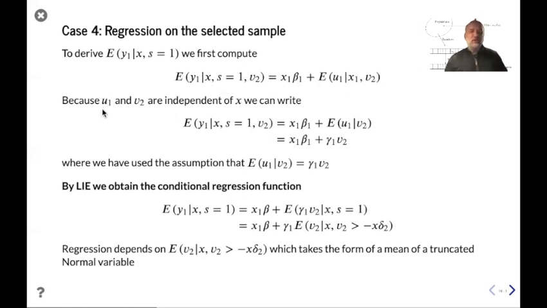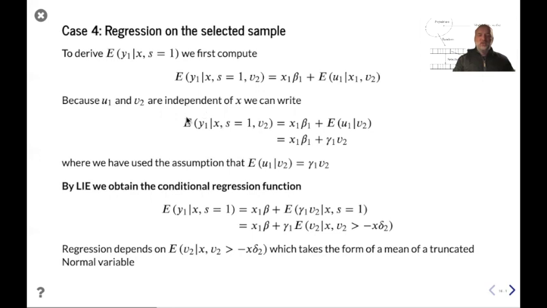Now, because U1 and V2 are independent of X, we can reduce this expression to the following. That means we do not need to condition on X1, because U1 and V2 are independent of X. So we don't have to make that conditioning, and then we're left with what we made assumptions about before: the relationship between U1 and V2 was this linear index here.